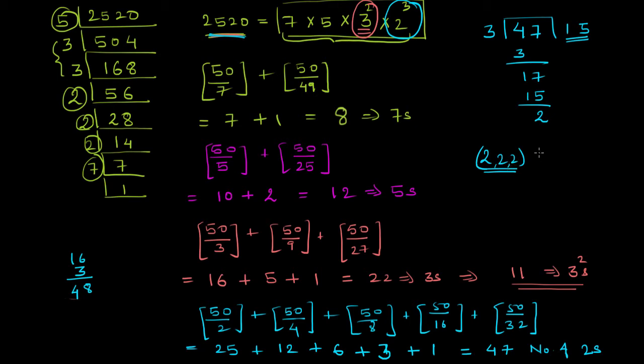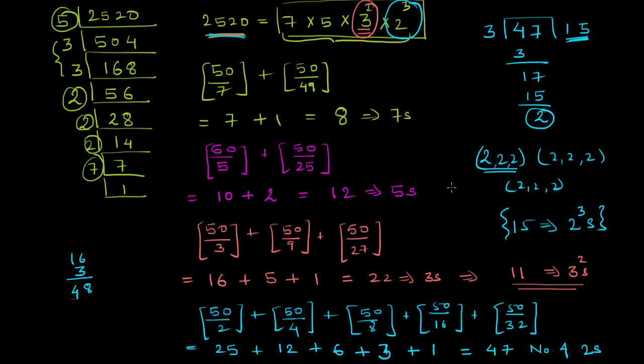This thing can be formed 15 times and two 2's as a remainder will be left. So the number of 2 cubes will be equal to 15. I'll write it here: 15 number of 2 cubes are available here.